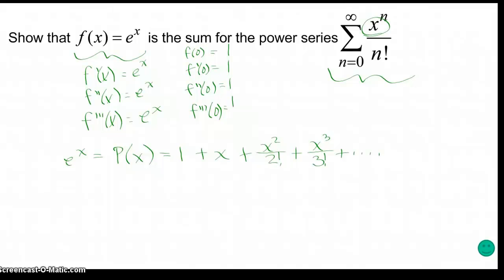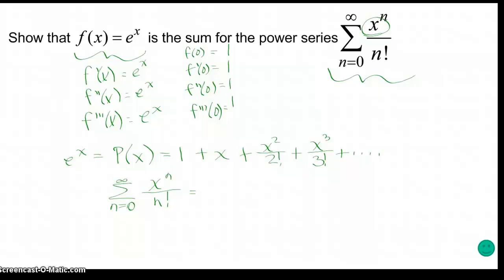That's probably enough to convince us that if we expand, starting at n equals 0, this nth term, and we get the same first 4 terms, that's probably enough to convince us and an AP reader that we have indeed found or shown that the function is the sum of the power series.